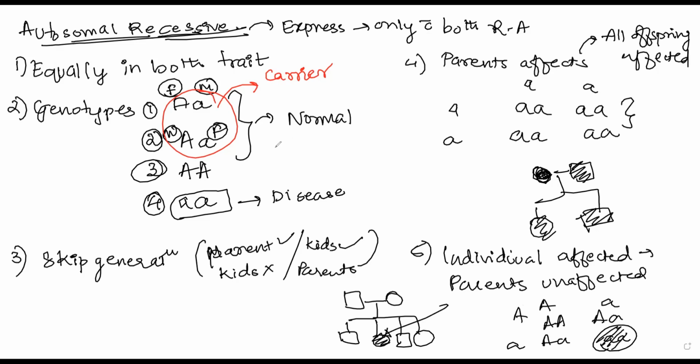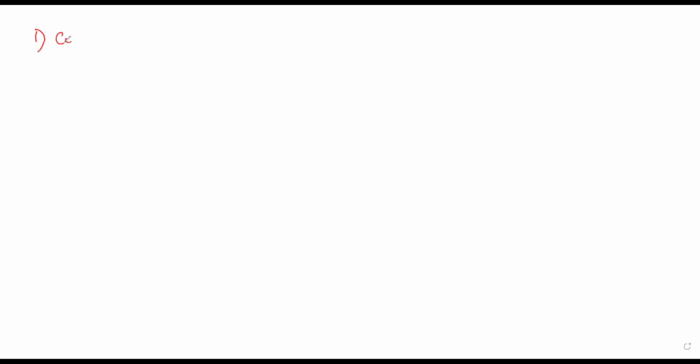And finally, the distinguishing diseases that follow this inheritance pattern. First disease, cystic fibrosis. Now what is the problem? What is the disorder? In patients with cystic fibrosis, there is a failure of the chloride ion transport mechanism. Write it down.